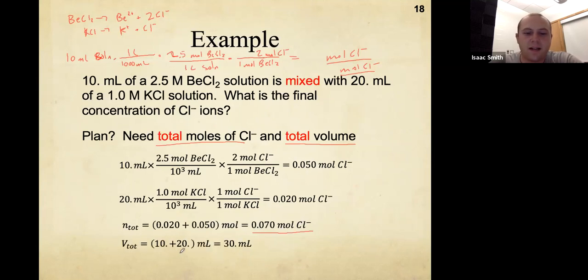Our total volume is 30 milliliters, which is 30 times 10 to the negative third liters. So we have moles of chloride over volume. That gives us our total chloride concentration, which is 2.3 molar.